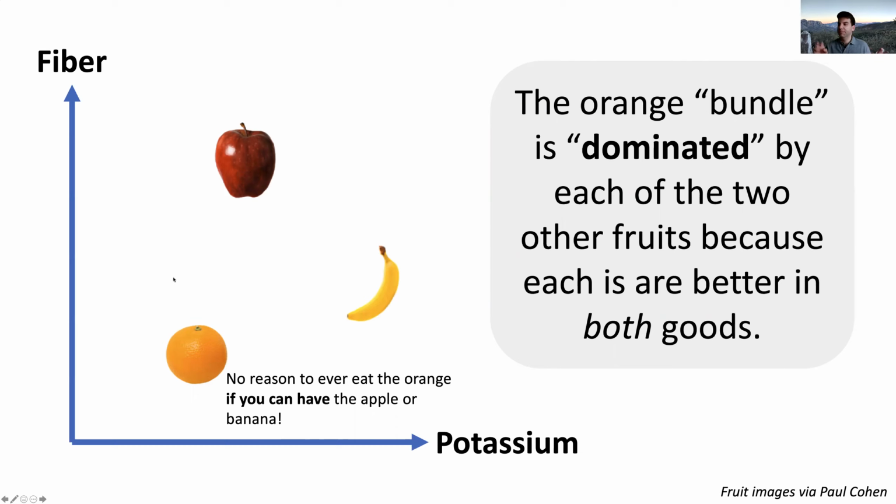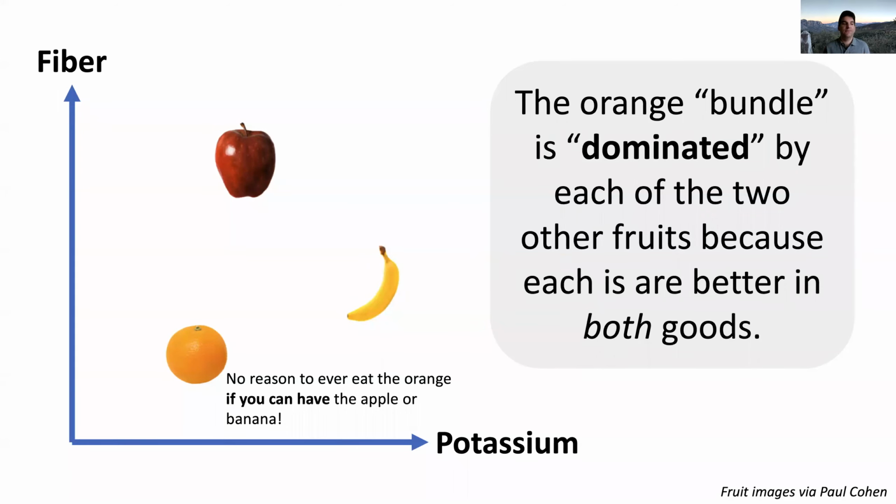So that's this term domination. Domination means that if something dominates another, then it is better in all dimensions of interest than the other thing. And so the other way to look at this is that if all you cared about was potassium and fiber, you would never eat an orange.